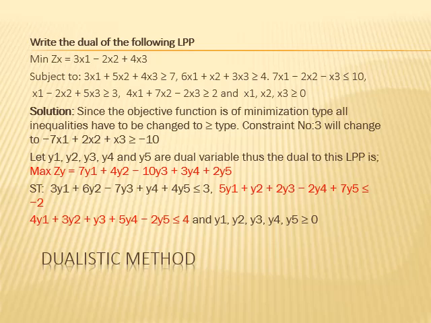Now, what is the expectation? Of course, minimization should be converted into maximization, and the coefficients of the dual objective must contain 7, 4, negative 10, 3 and 2.